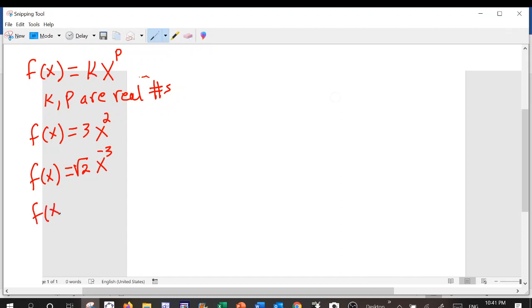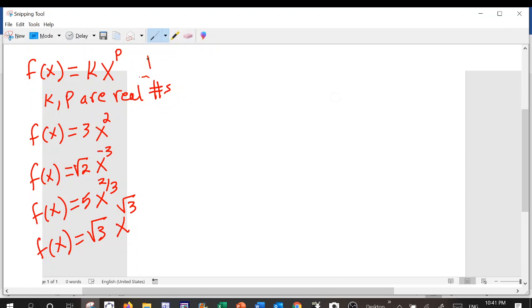Or maybe k is like, let's say 5, and p is a fraction, let's say 2/3. Or maybe k is an irrational number, and p is also an irrational number, something like that. So all of these are examples of a power function.